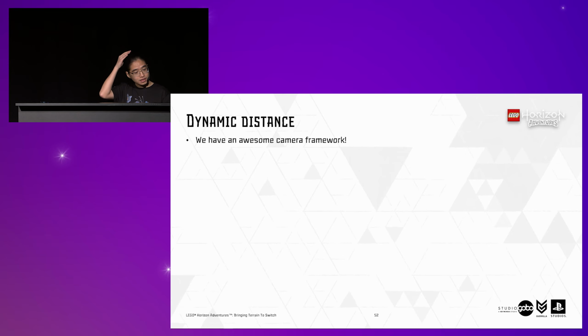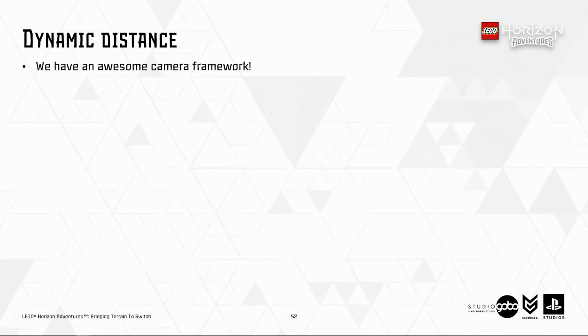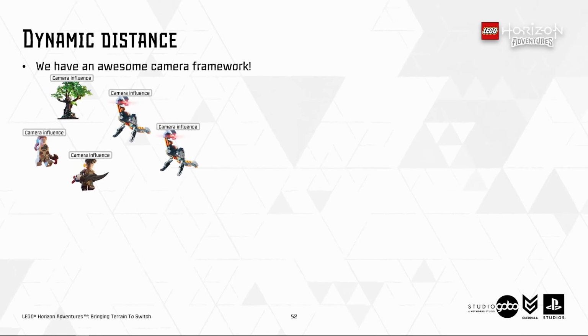The next improvement we made is a dynamic draw distance, because so far what we have here is a constant DOF distance. So this aims to utilize our awesome camera framework. It's dynamic because many things can influence the camera, such as player 1 and 2 in co-op mode, or interesting points on the map, or entities in combat.